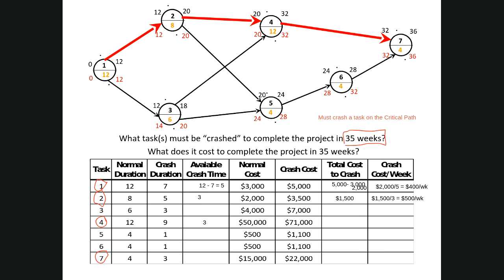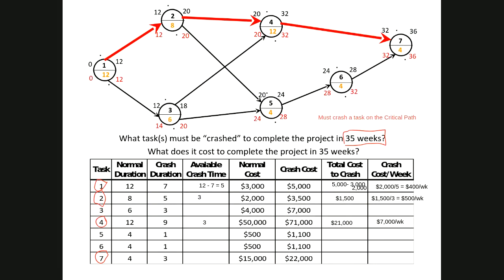So for task 4, it would cost $7,000 per week. And of course, the 7,000 is 21,000 divided by the 3 weeks that can be crashed.